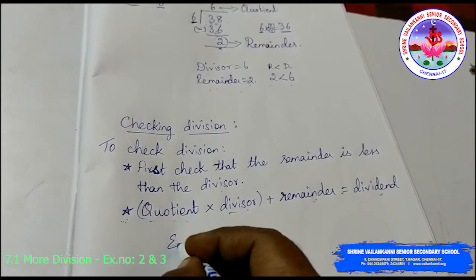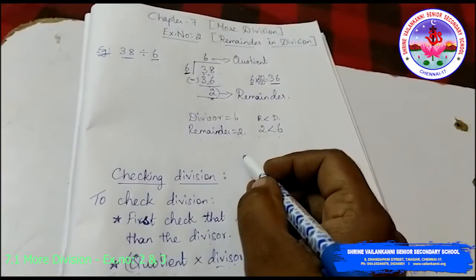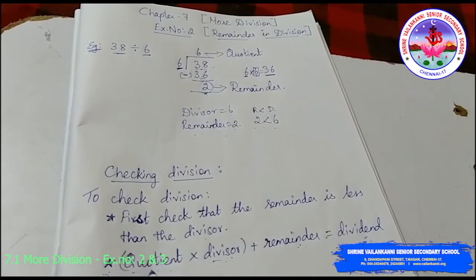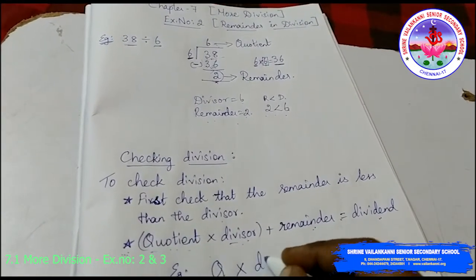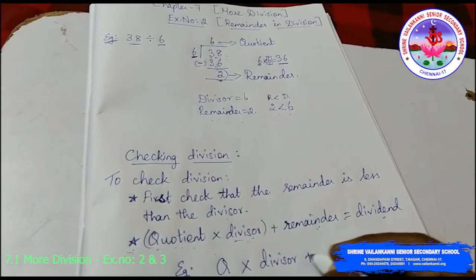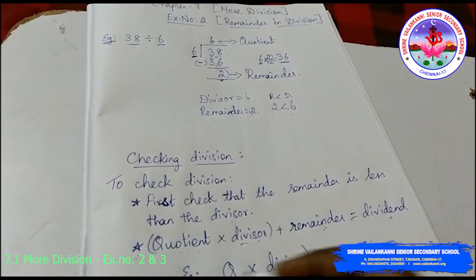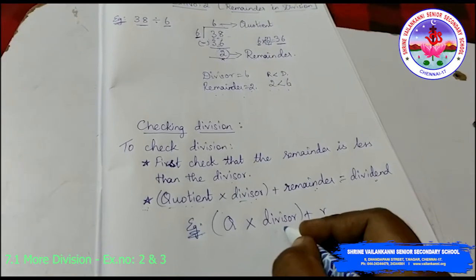I'll show you with the same example. What is the quotient here? Quotient into divisor plus remainder. First we do the multiplication.